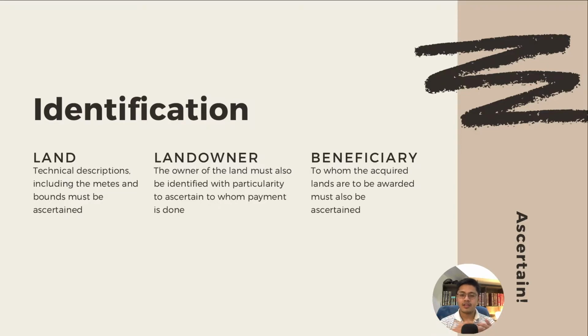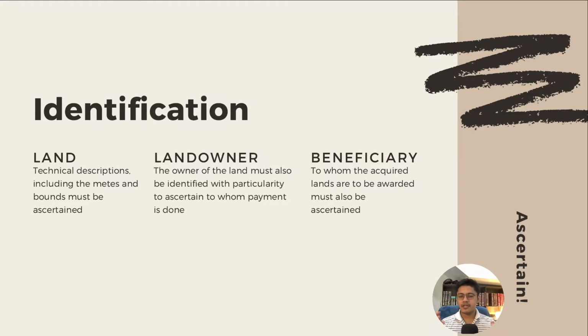Voluntary if the landowner registered within the 180-day period as provided by the law. But of course, it's not the land and the landowner only. The whole process also needs to identify to whom the acquired land will be awarded. So the qualified beneficiaries will also need to be identified, and we will discuss in the next module how beneficiaries are identified.